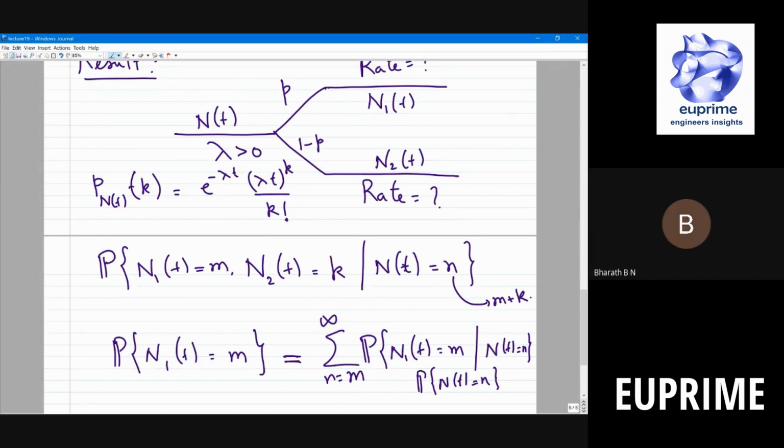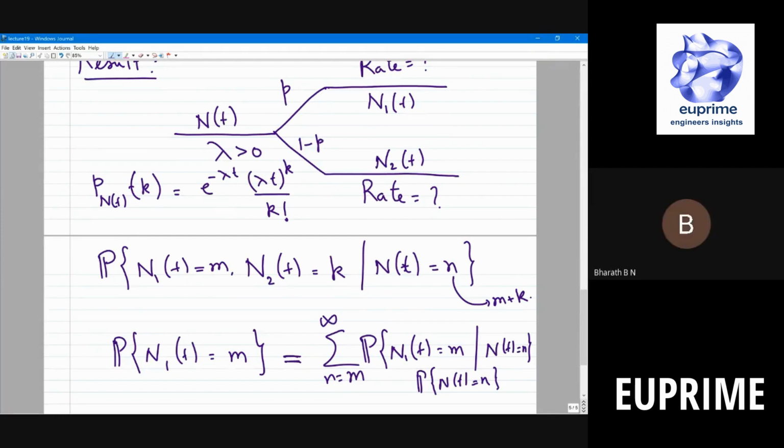Sumit, you are saying something? No, sir, I didn't get these lines. How can we write the summation form, since it is given that n1 is equal to m? I'm just using the total probability law: probability of A is probability of A given Bi into probability of Bi, over all i. Yes, yes.